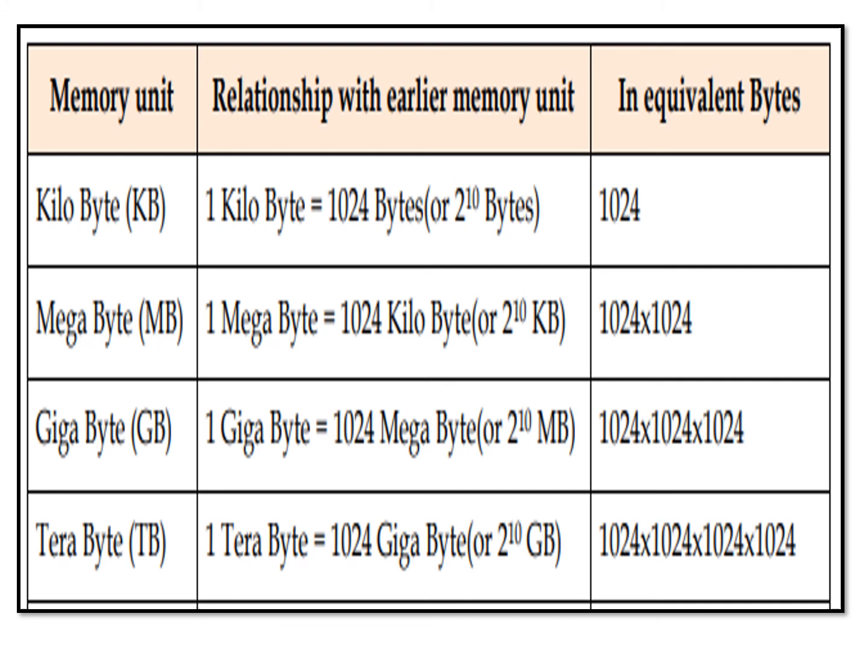Here I have shown the conversions, how we convert one memory unit to another. Now for example, if I ask how many bytes are there in 1 gigabyte, look here at the third line, gigabyte. So 1 gigabyte is 1024 into 1024 into 1024.